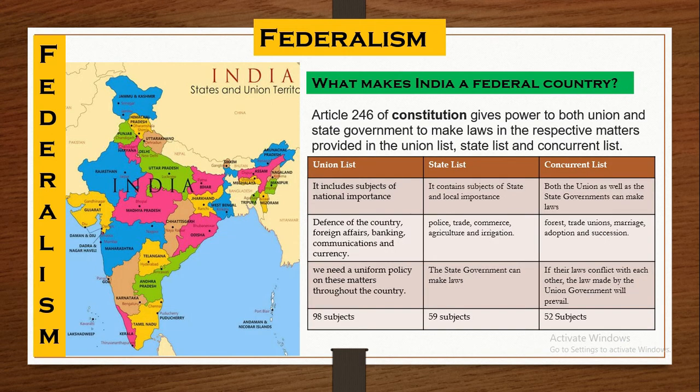Which constitutional article empowers both the union and the state governments to make laws? It is Article 246 of the Indian Constitution, which gives powers to both union and state governments to make laws in the respective matters provided in the union list, state list and the concurrent list.